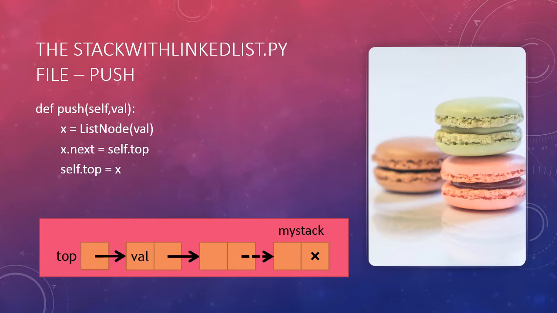This is the final arrangement. You can see that we have added a new first node to the singly linked list that existed before. So this is an O(1) operation. Hence we can say that the push function is O(1).